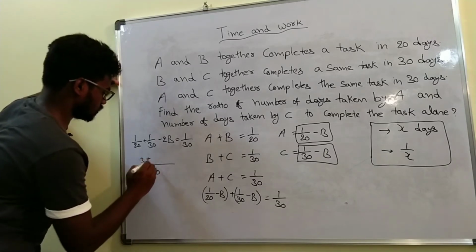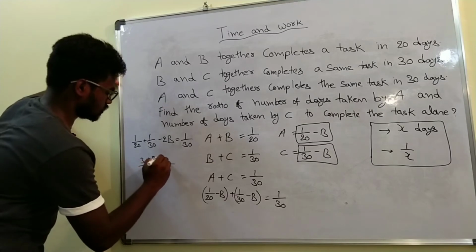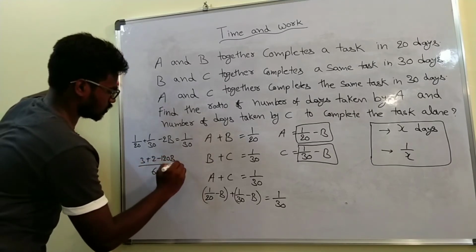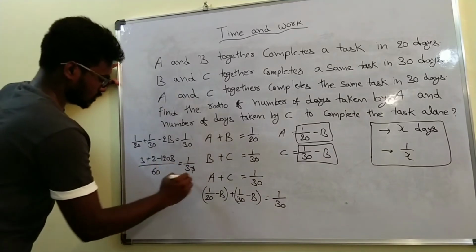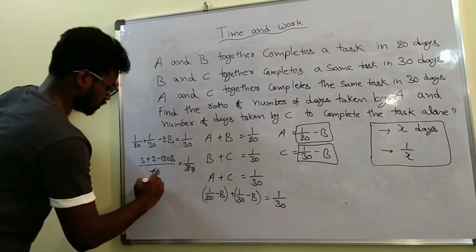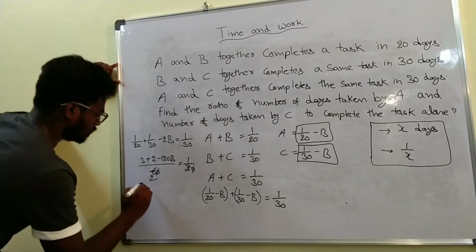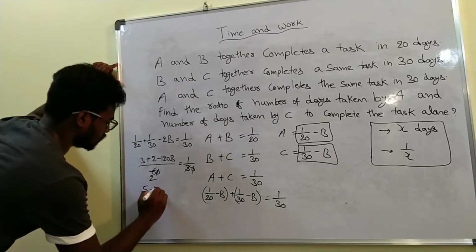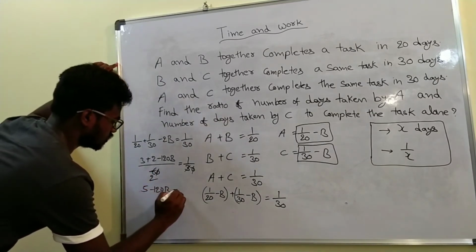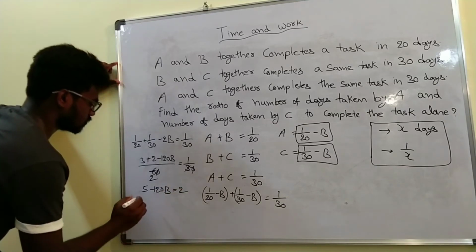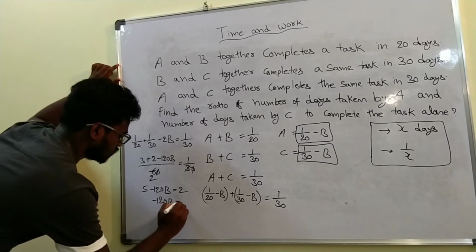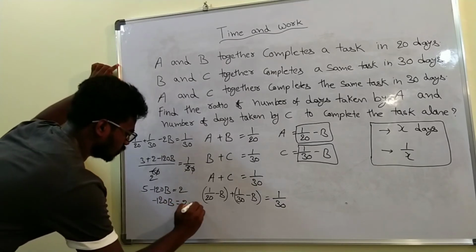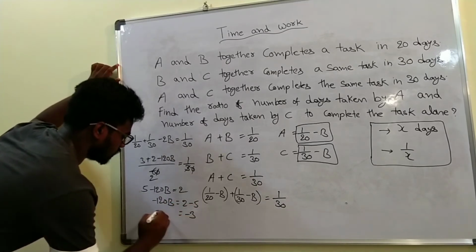So 3 plus 2 minus 120B over 60 equals 2 over 60. 3 plus 2 is 5, so 5 minus 120B equals 2, which gives minus 120B equals 2 minus 5, that is minus 3.